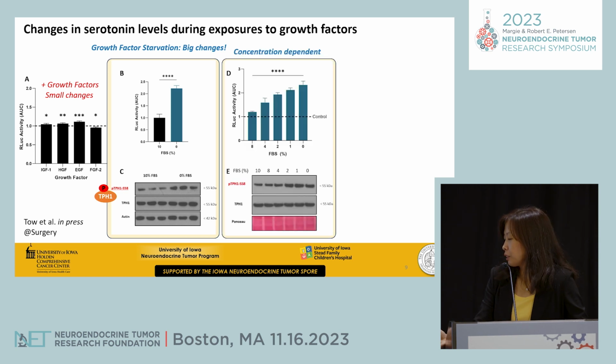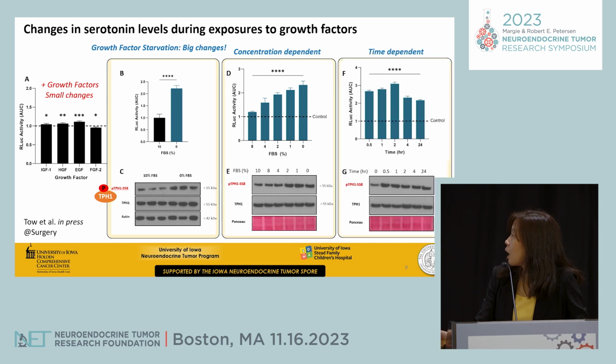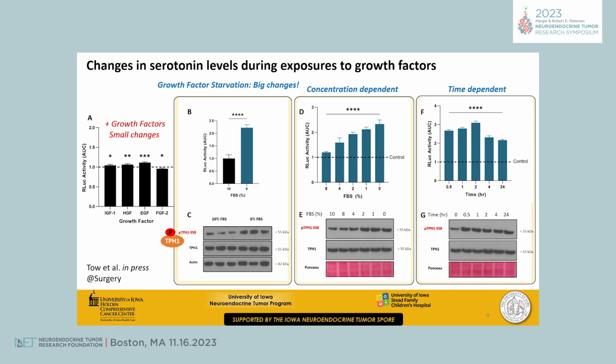We titrated this to see if we could get a dose response effect, and by decreasing the concentration of serum, we could get a nice escalating response. We looked at how long it takes, and realized this is really a dynamic system, because within half an hour you get the serotonin level increasing to the max.